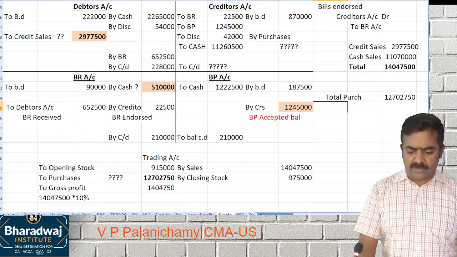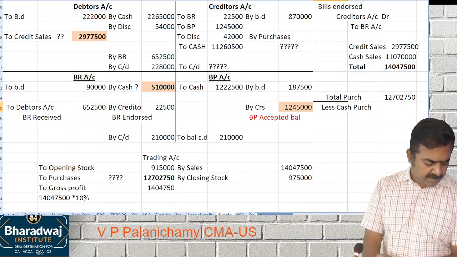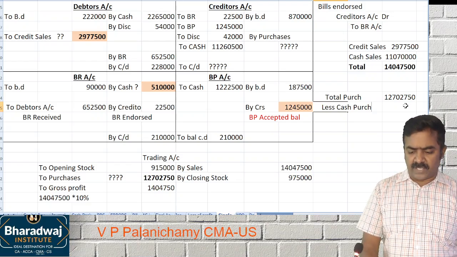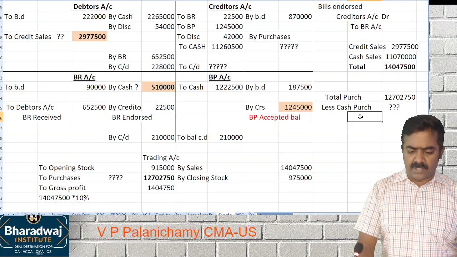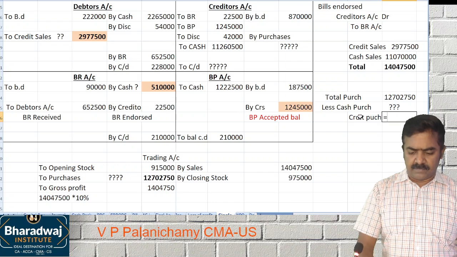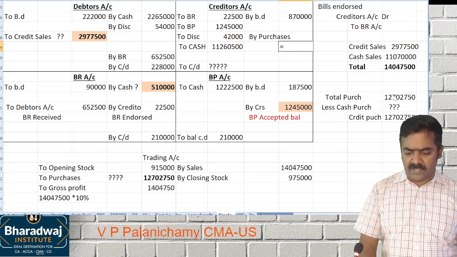From this, less cash purchases. What is the cash purchases given in the question? No cash purchase is given in the question. So everything becomes credit purchase only. Whatever is purchased is for credit. So purchases we got as a balancing.